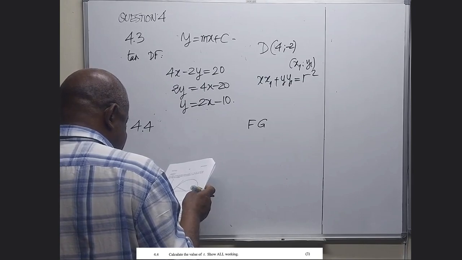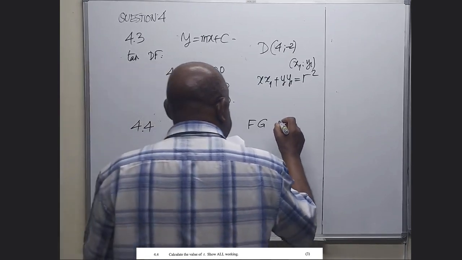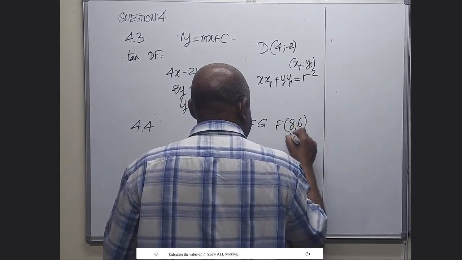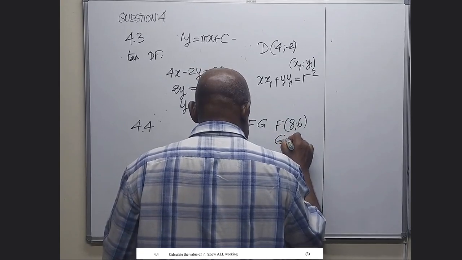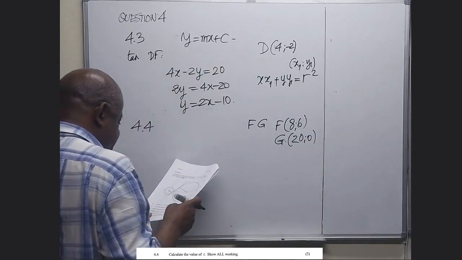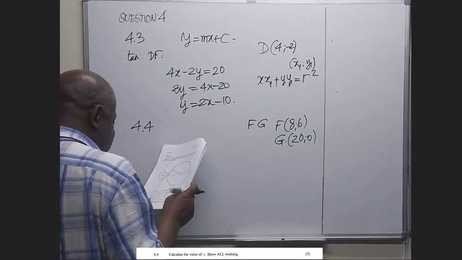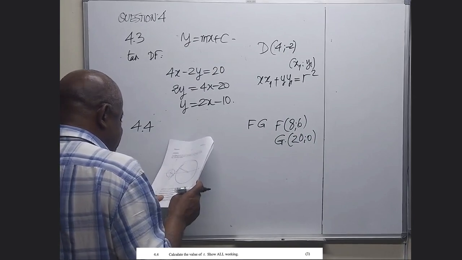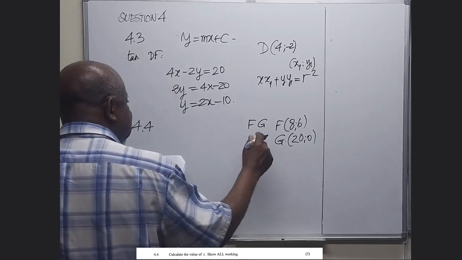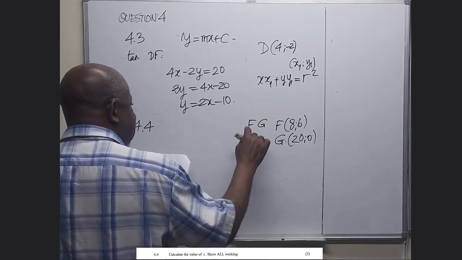Now, we know that the coordinate of F is (8, 6) and the coordinate of G is (t, 0). If we want to calculate the value of t, we just have to calculate the gradient of the radius FG.